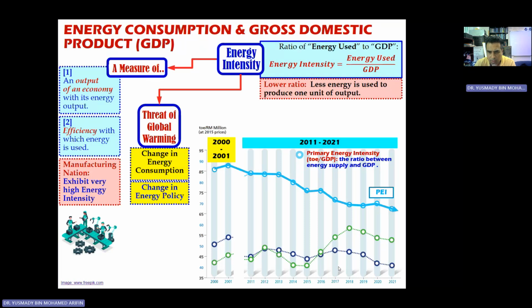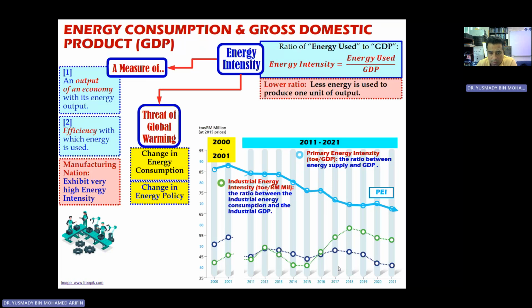We can see the trend is reducing, which is good because during that period the energy supply reduced, whether for the industry or the residential sector, which means less energy supply to produce the same amount of work.